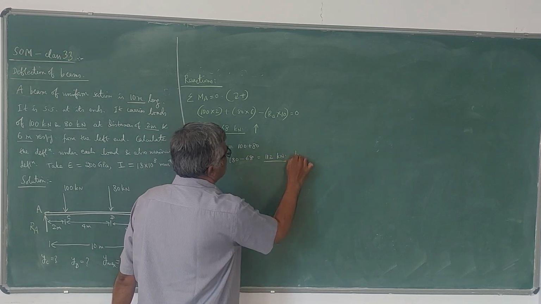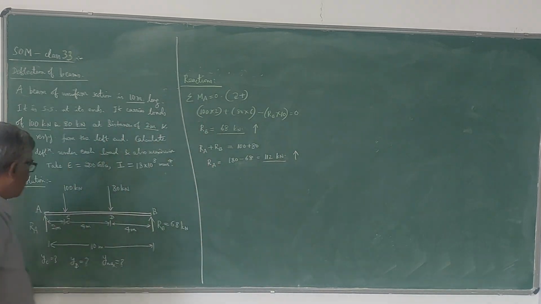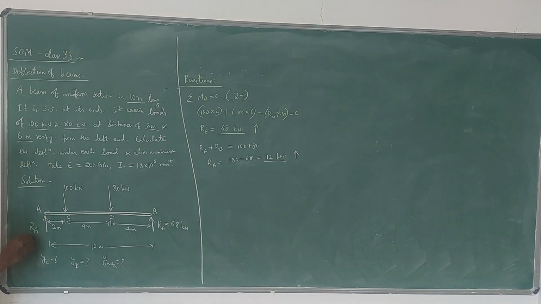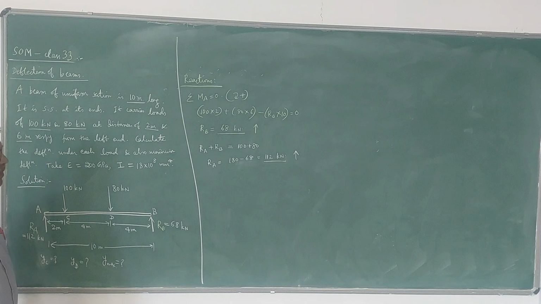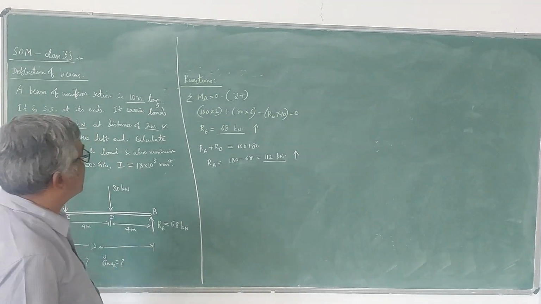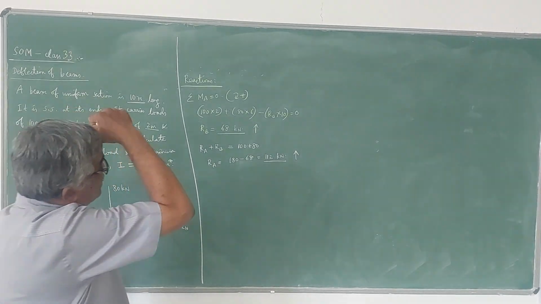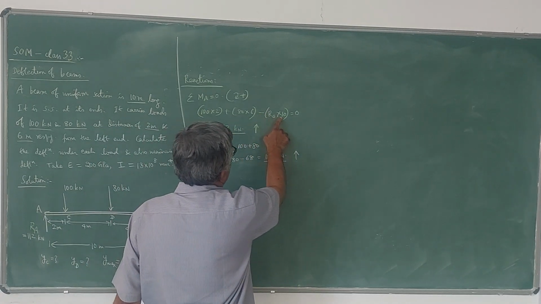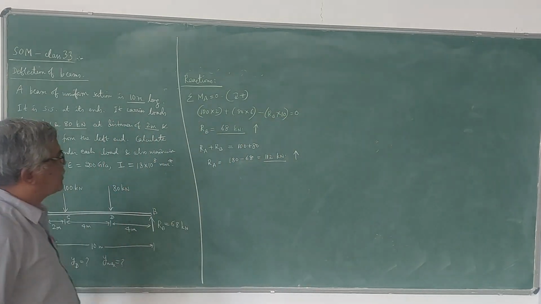This is also positive, that means upwards only. So RA is 112. Naturally, the reaction at the support nearer to the loads is more, so RA is greater than RB here. Okay, now these are the reactions.